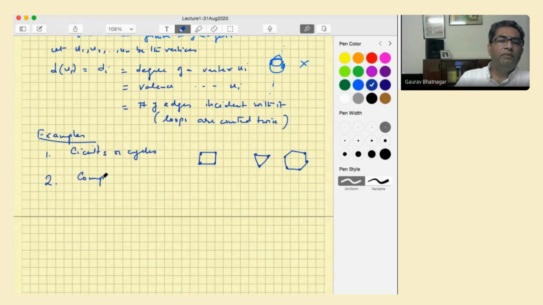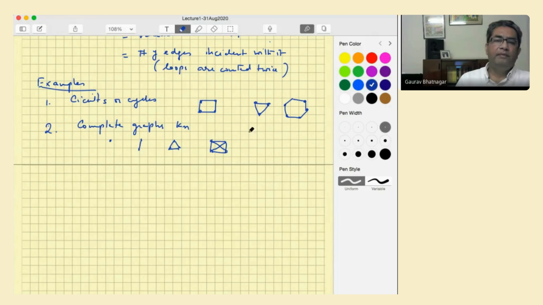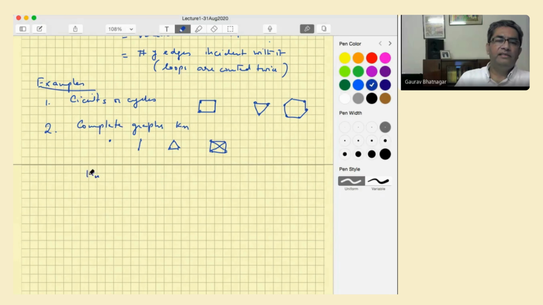Then there are complete graphs which are denoted by Kn. On one vertex, this is it. On two vertices, this is it. On three vertices, this is it. This is what it is in four vertices. So now you'll get the idea. A complete graph Kn has n vertices, and all possible pairs are joined by an edge.